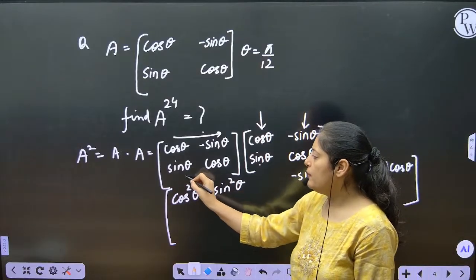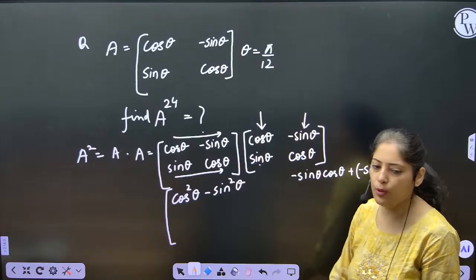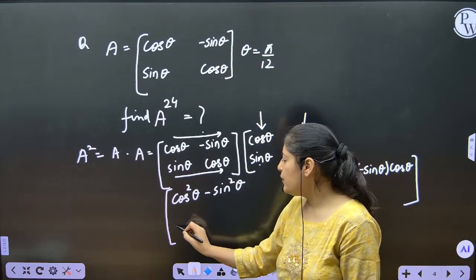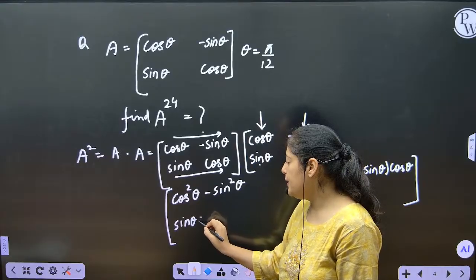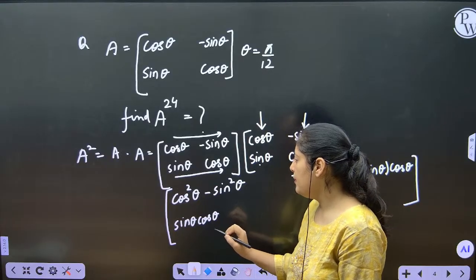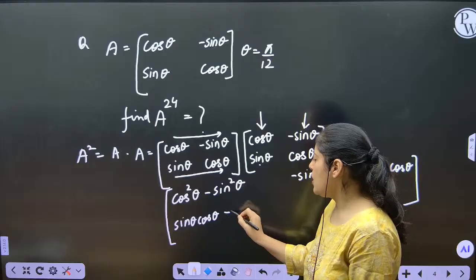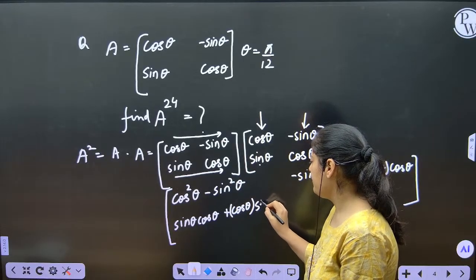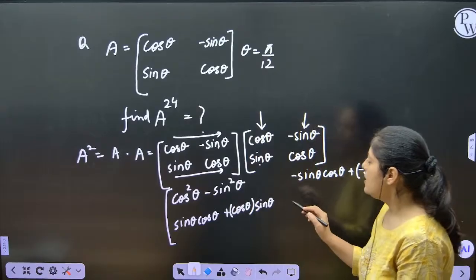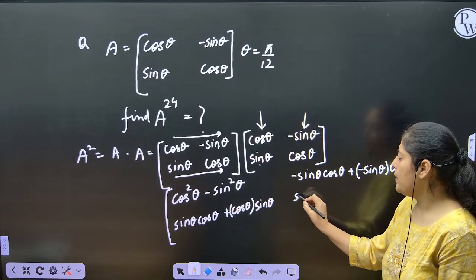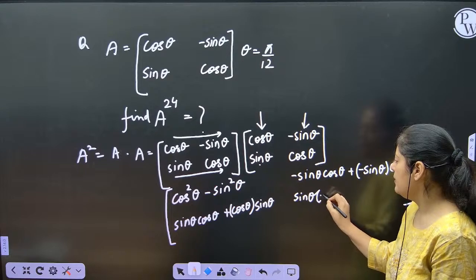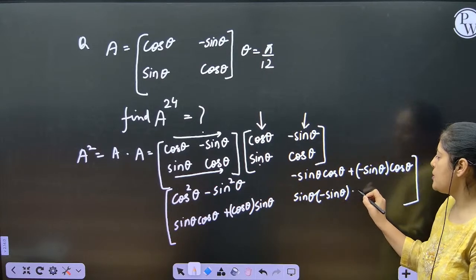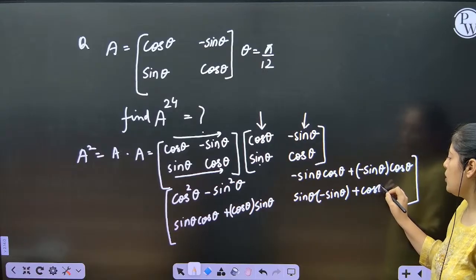Similarly, now we will multiply all the second row elements with the first column and with the second column. So it will become sine theta into cos theta plus cos theta into sine theta. Similarly, sine into minus sine, plus cos into cos theta.